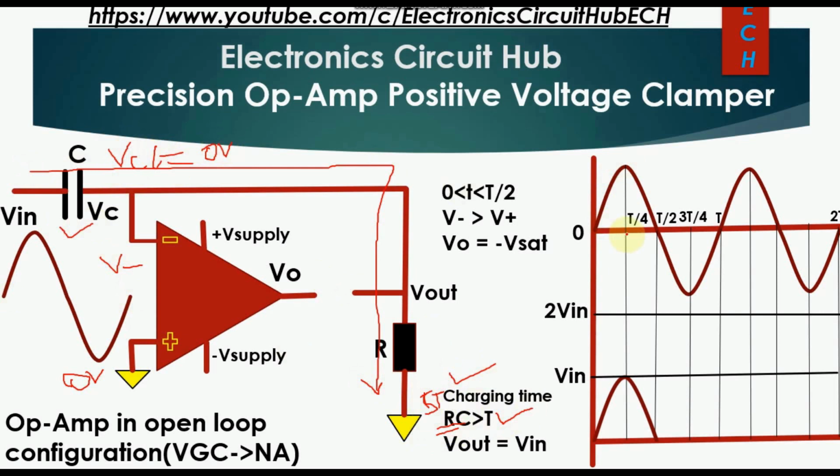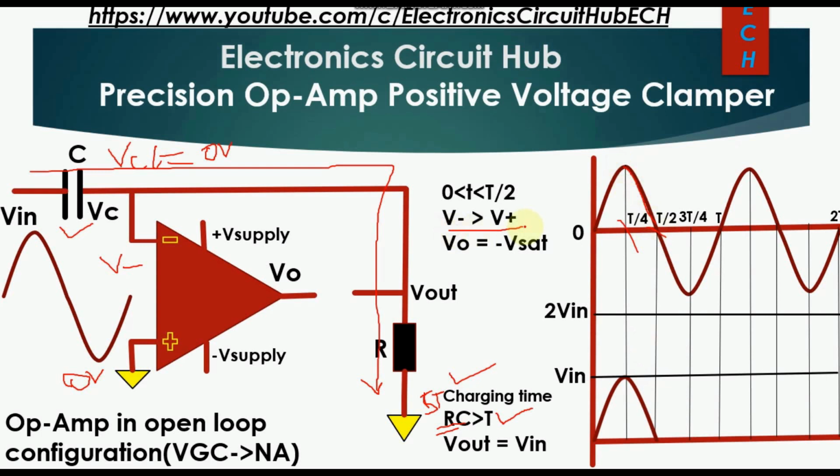Now if you go further, t greater than T by 4 to less than T by 2, for this time period, again V minus is greater than V plus, that means the voltage at the inverting terminal is greater than at the non-inverting terminal.